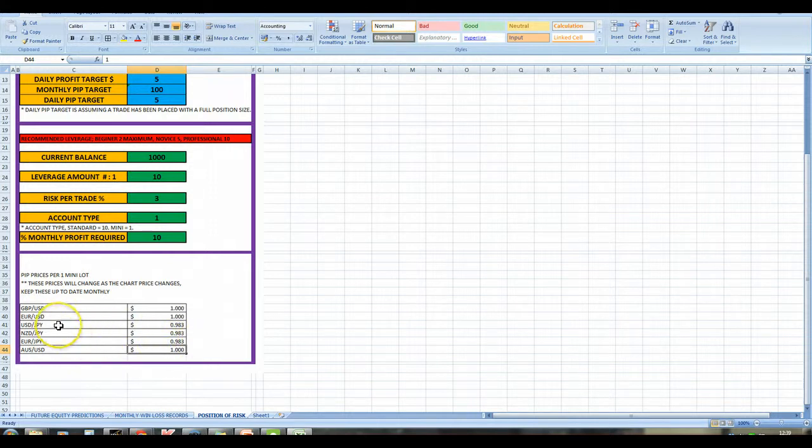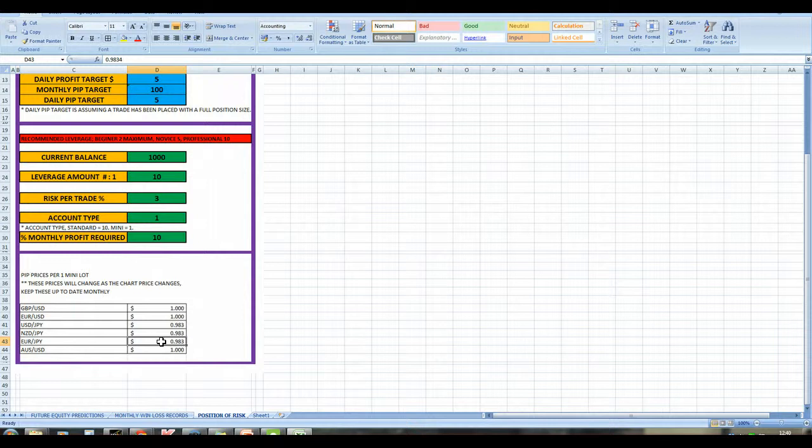When we get into the crosses with the Japanese yens, value actually goes down a little bit less than $1. It's actually 98 and a third cents. Now these values do fluctuate as the charts go up and down over the months. I saw the Great British Pound Euro being at 1.47 before.